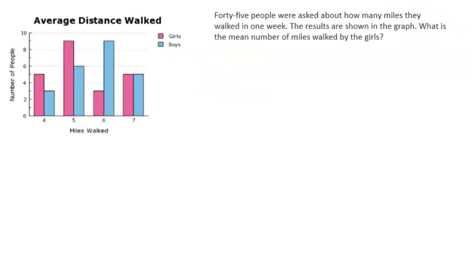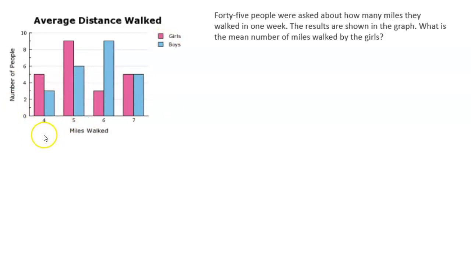All right, cool. This is the last one we're going to do in this example. Now this one, I'm not giving you the numbers, okay? It's going to give it to you in a graph, and we're going to use this graph to figure out the numbers because it wants the mean of the miles walked by the girls. So we need to find our numbers here. So pink is girls, right? Miles walked.